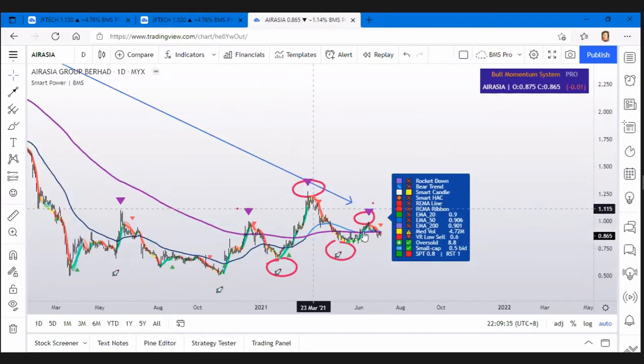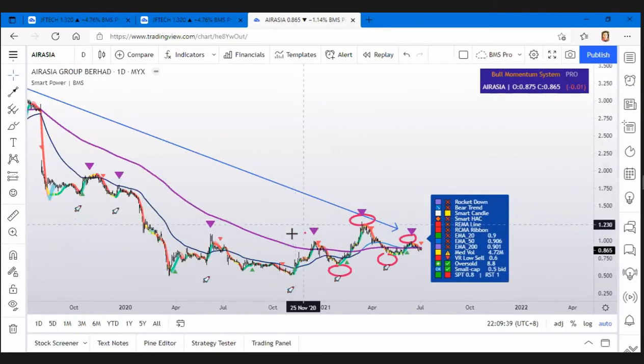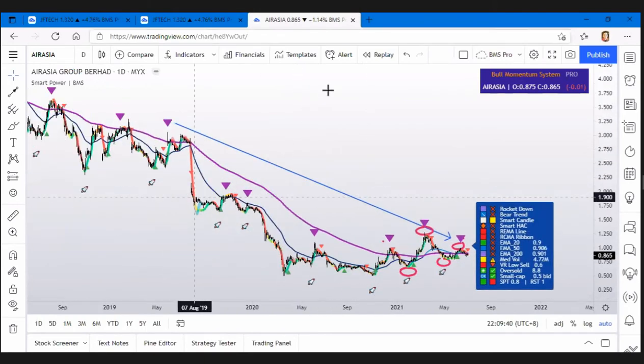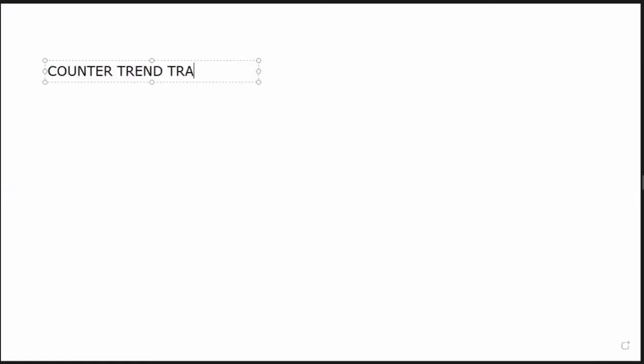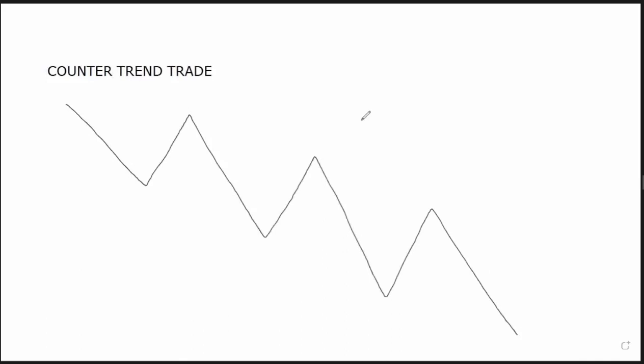We are still doing a counter trend trade. Okay, this is called counter trend. And what is counter trend trade? Counter trend trade, you all never heard before? Okay, the price is moving down, downtrend. This is called the market structure is downtrend. If you still want to trade like this, it's called counter trend trade.